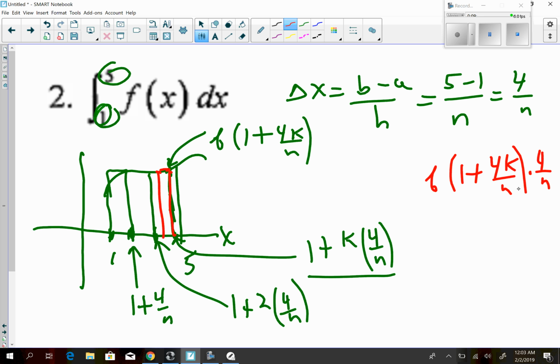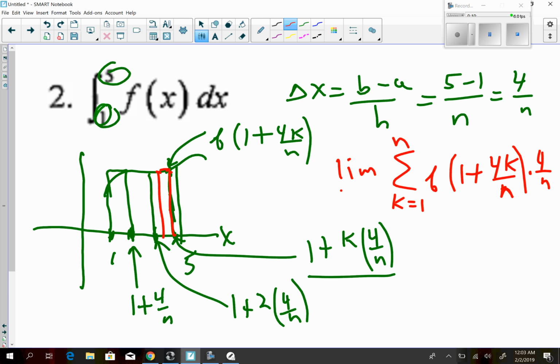So we have the height times the width, which is the area of any one of these rectangles. We put a sigma so we can add up the areas of all the rectangles from k equals 1, that means from the area of the first rectangle up to the nth rectangle, and then just take the limit as n approaches infinity.